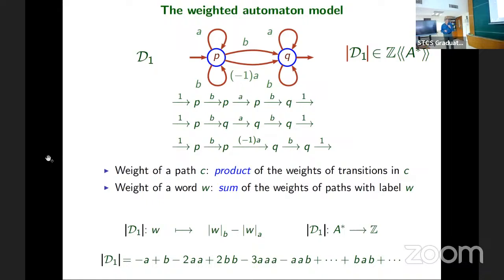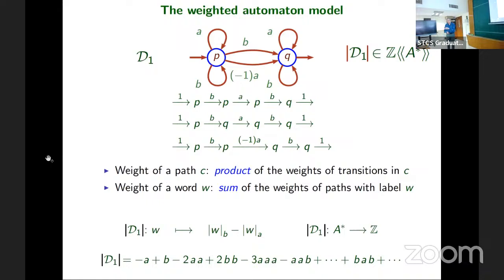They were interested in the support, that is, which words will have a non-zero coefficient? And you see that in this case, the set of words which have a non-zero coefficient is not a regular language anymore.